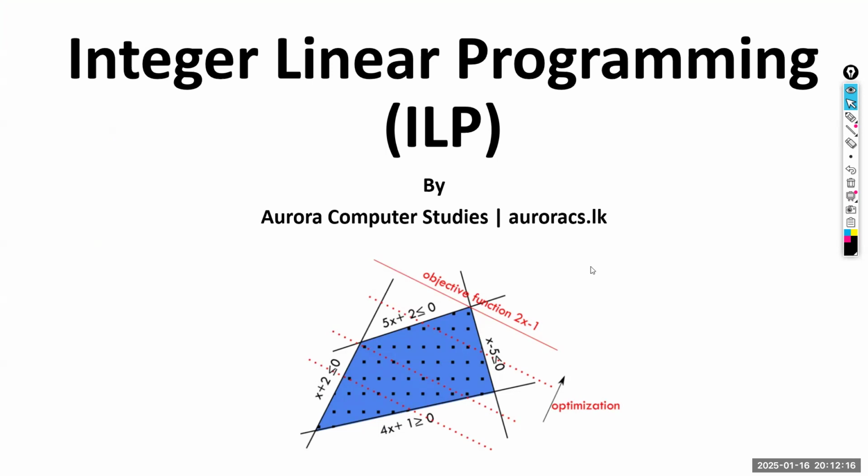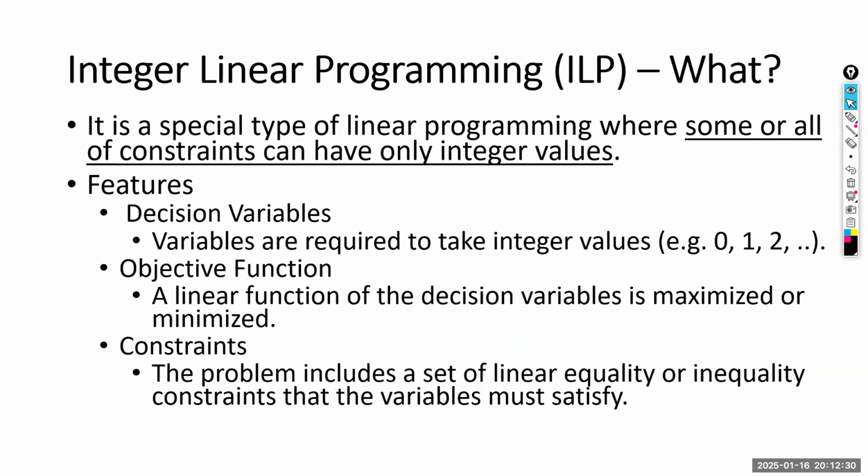Raw materials also, maybe 10 kilograms or 10.5 kilograms. But if it is an integer linear programming problem, there's an additional constraint, that is your decision variables are integers. The objective function can be integer or non-integer, like profit, not necessarily integer.